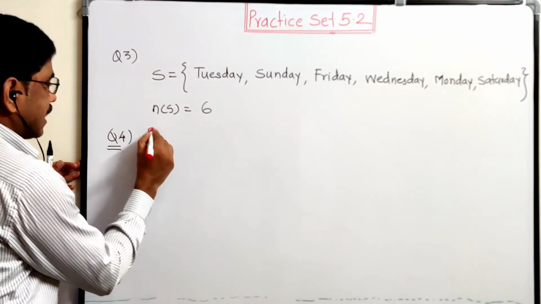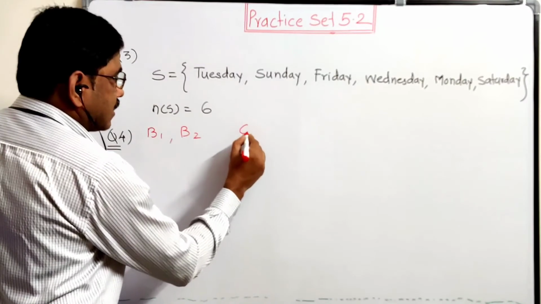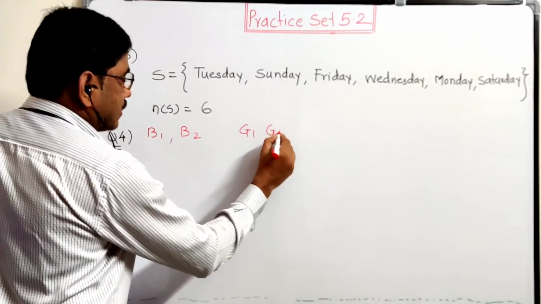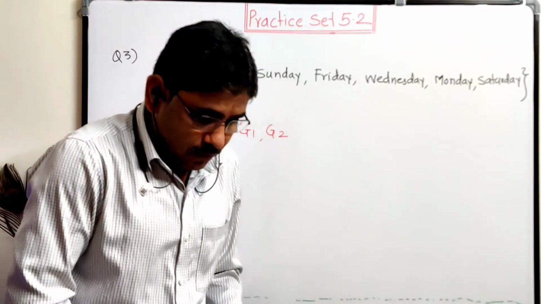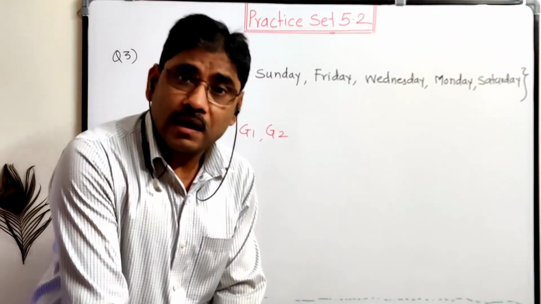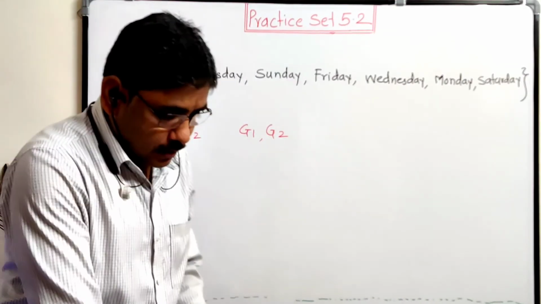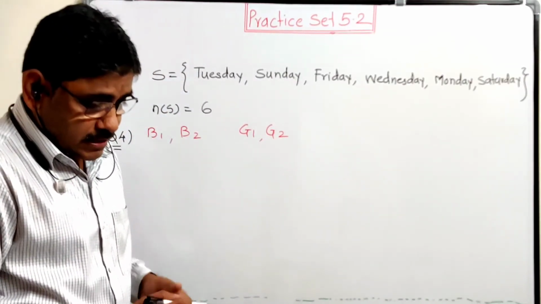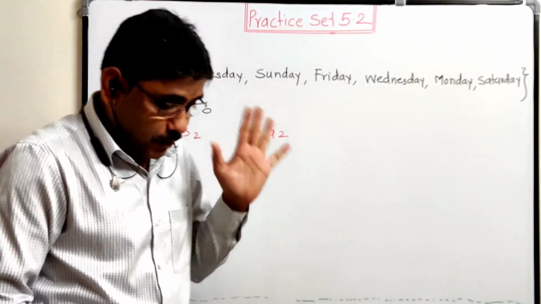Here 2 boys are B1 B2 and 2 girls are G1 and G2. Now we have to form the committee of 2. दो का हम लोग को committees तैयार करना है for the purpose of road safety committee. Then write the sample space for each.